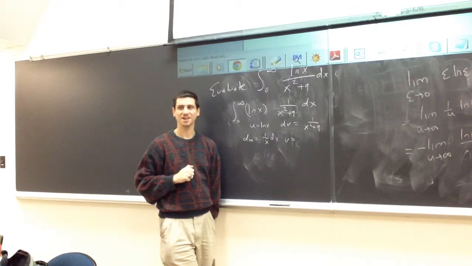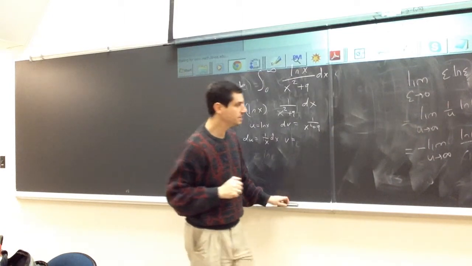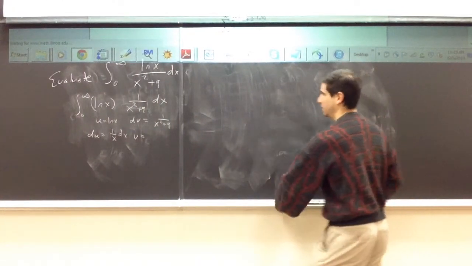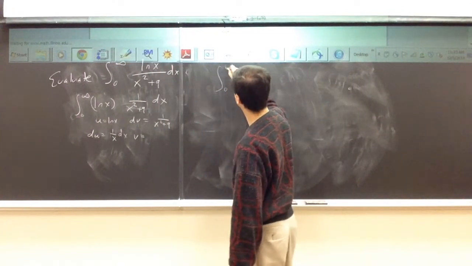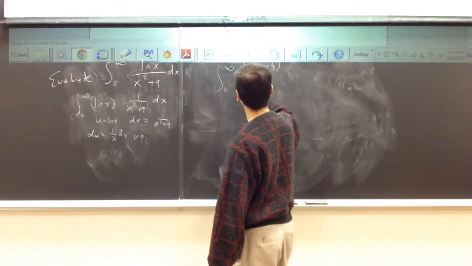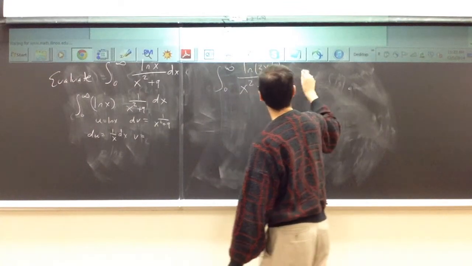It's going to be related to arctan, but we've got some issues because of the 9. So for problems like this, sometimes it's worthwhile to make changes of variables. And so we've got the integral from 0 to infinity of natural log of 3x times 1/3, x squared plus 9 dx.